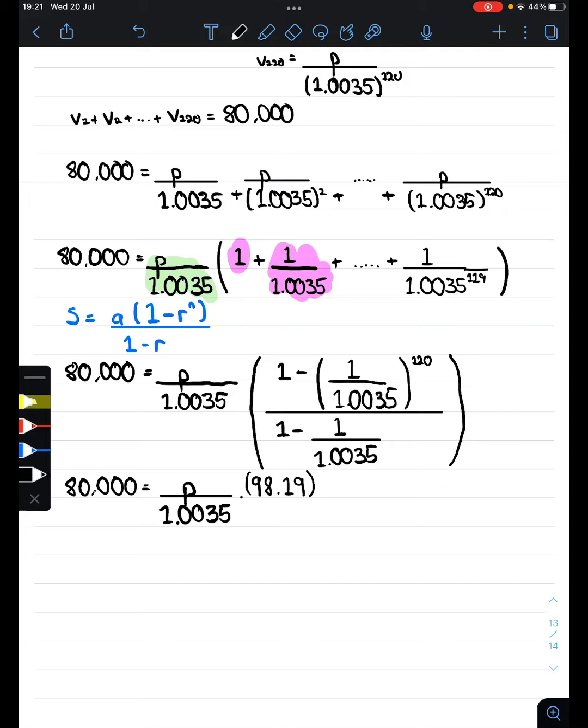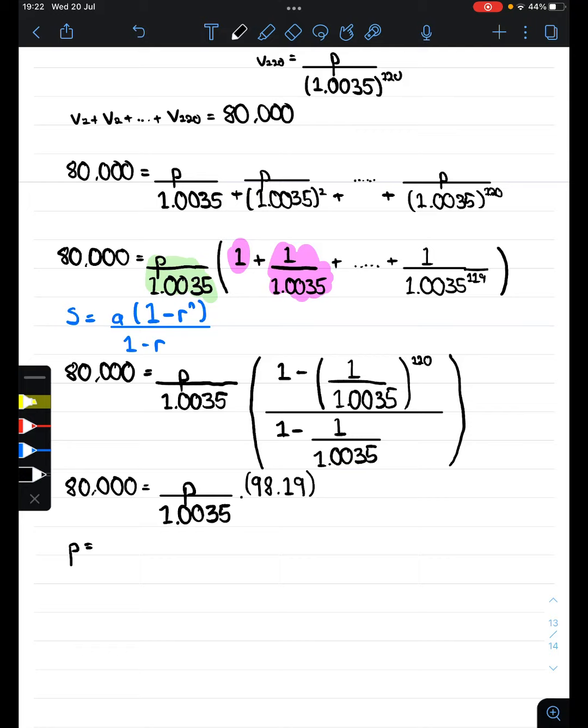Then we can just multiply by 1.0035 and divide by 98.19 to isolate P. So eventually we get P equals 80,000 over 98.19, all multiplied by 1.0035.